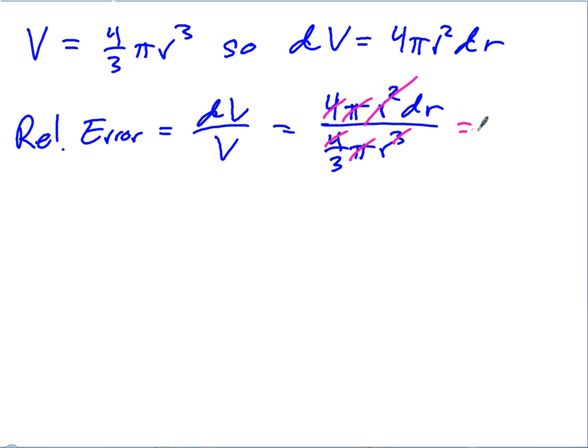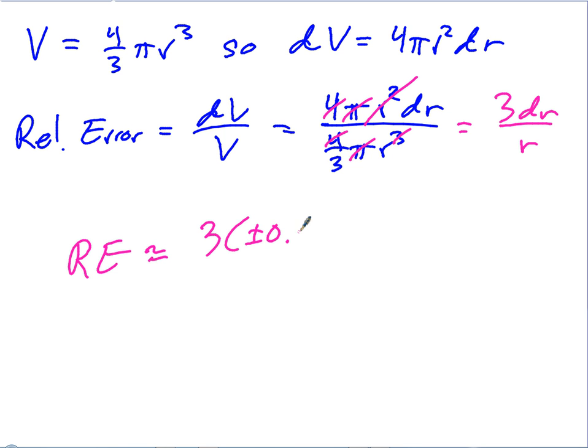So my answer then is just 3 dr over r. That's pretty simple, right? Now to find the relative error, I just have to plug in that stuff. So relative error is roughly equal to 3 times plus or minus 0.01, because that was our dr, right? Divided by r, which was 0.7. How about that? That's pretty easy.